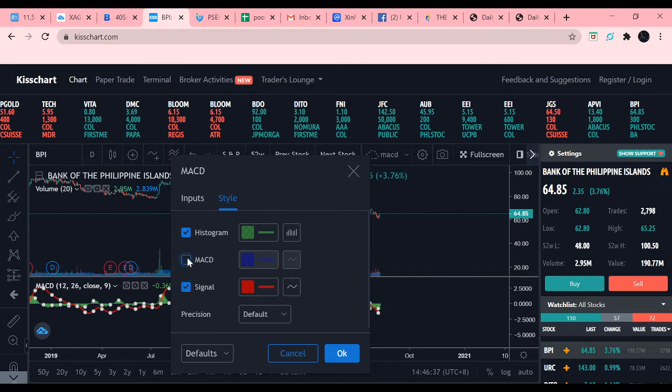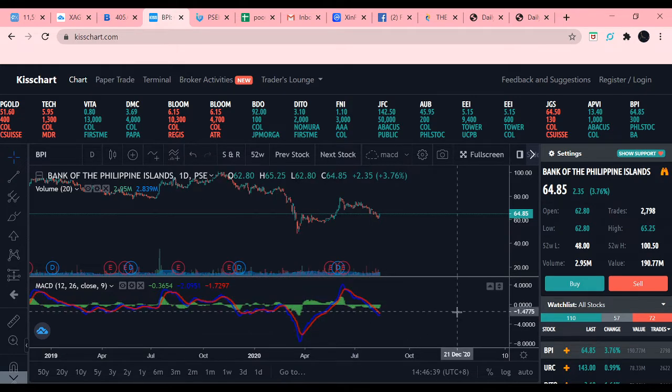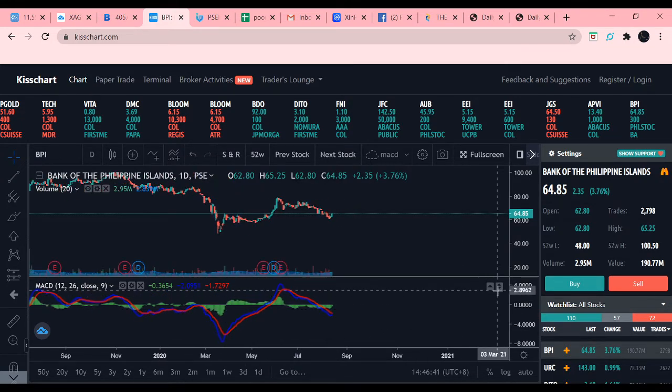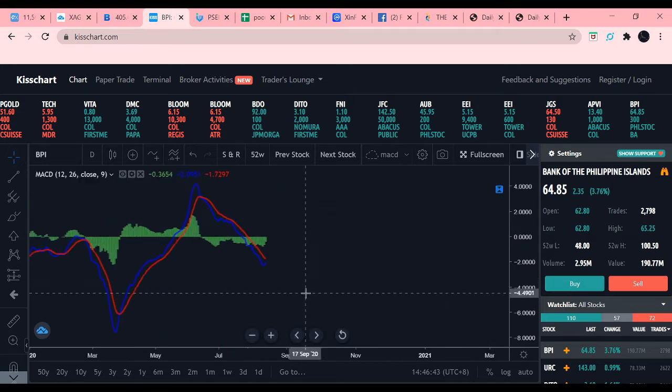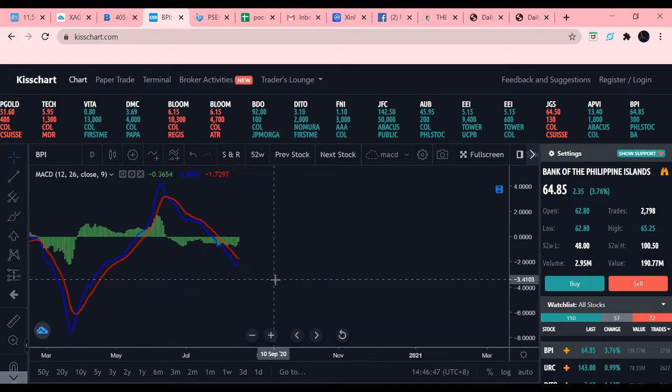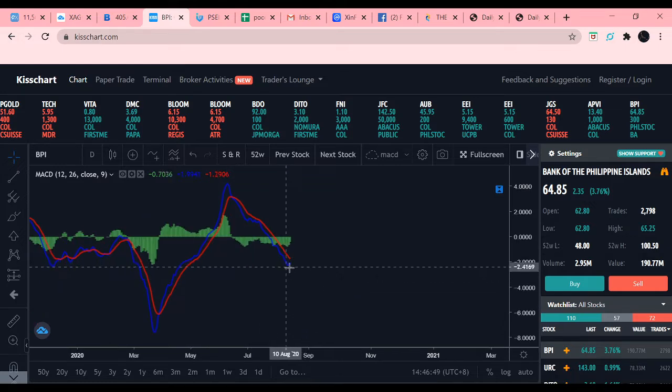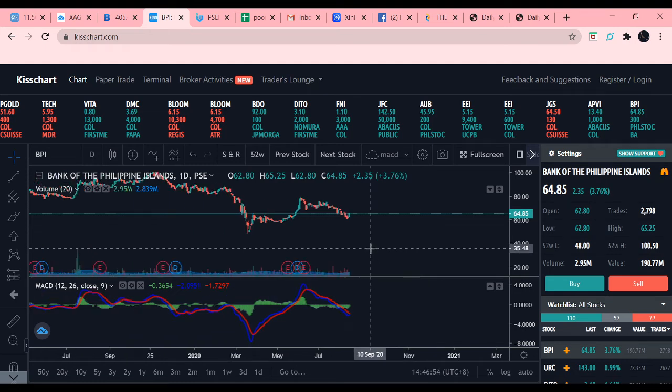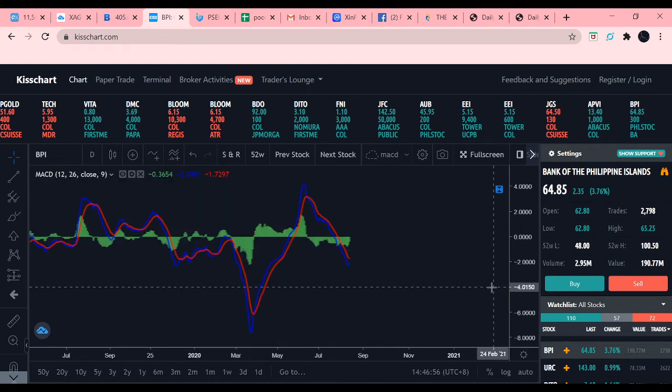Lagay natin yung signal line at saka MACD line. So, check natin siya. So, kung makikita nyo, malapit na siyang mag-cross sa signal line. Check natin kung meron palang divergence.